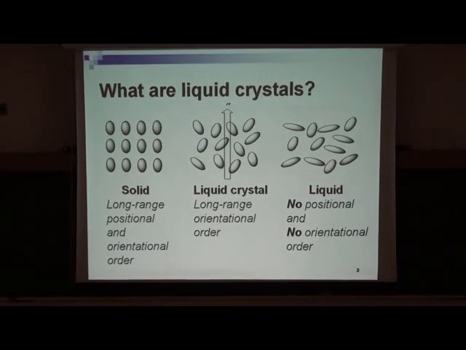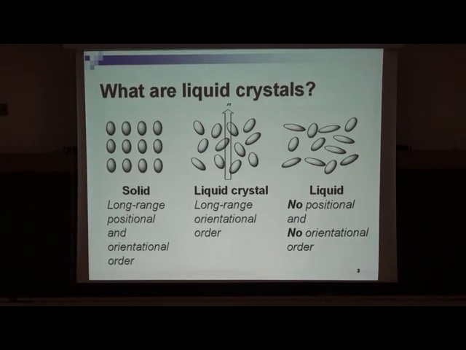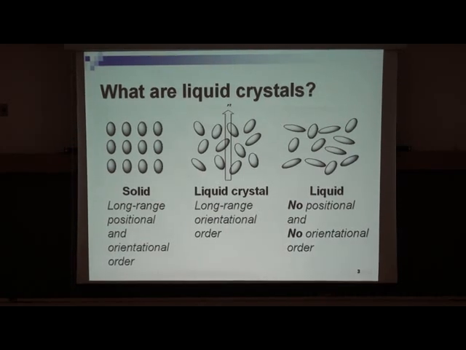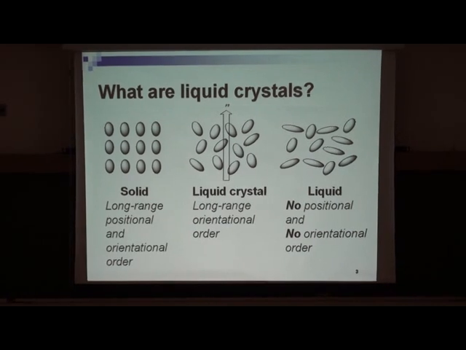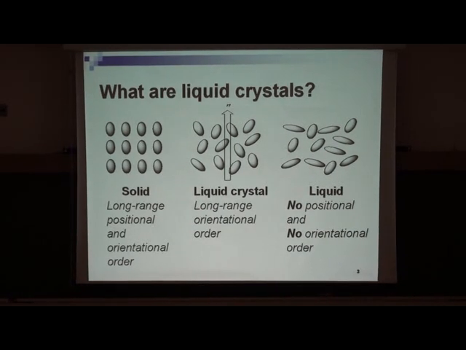As you know, liquid crystals are an intermediate phase between solid and liquid phases. And so the liquid crystal phase has some properties of both phases. For example, liquid crystals are fluid-like liquid, and they are anisotropic like solid.